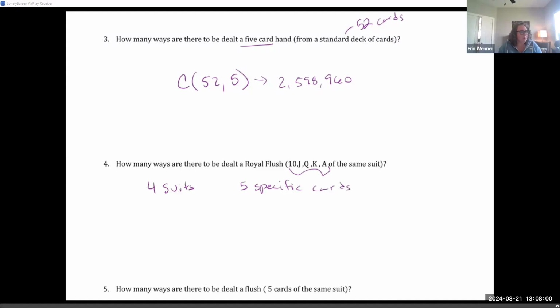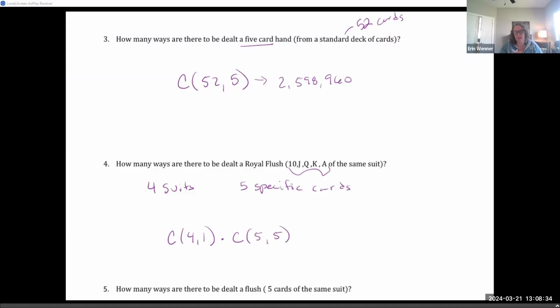When we look at the different pieces that make up a royal flush, partly it's the suits and partly it's the specific cards. To calculate this, we're looking at the combination of 4 suits choosing 1, times the combination of the 5 cards we want choosing all 5 of them. Because we're specifying those specific cards, there's only one way to choose them.